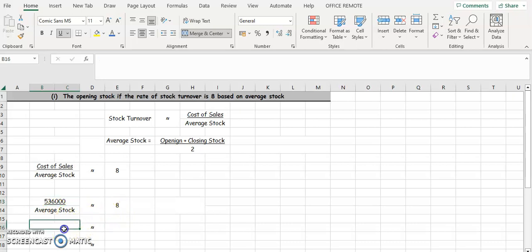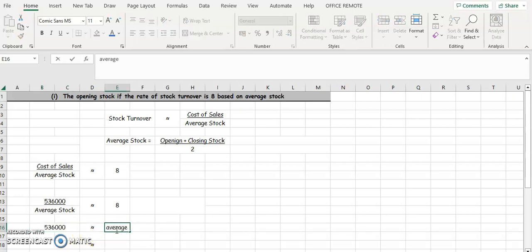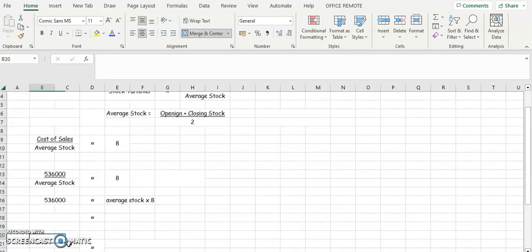Now we can cross multiply by your average stock. So you get 536,000 is equal to average stock multiplied by 8. If it's division on one side, once we bring it over the equals, it becomes multiplication. What we're trying to do is get average stock on its own, so we're going to cross multiply again by 8.